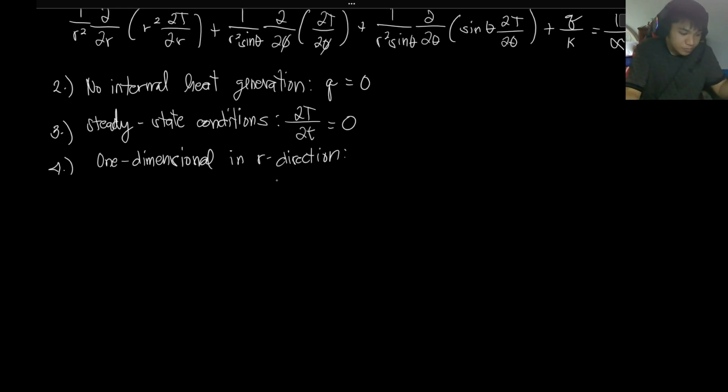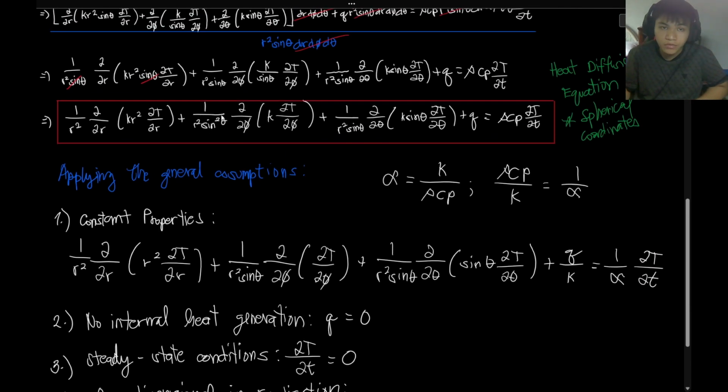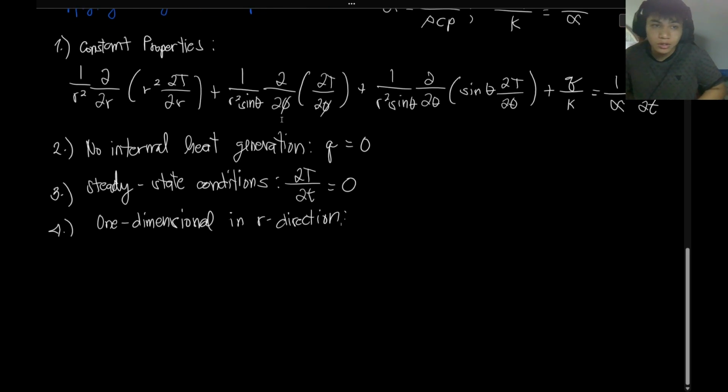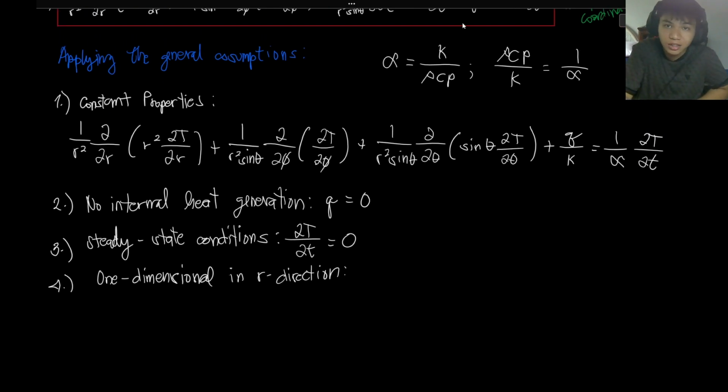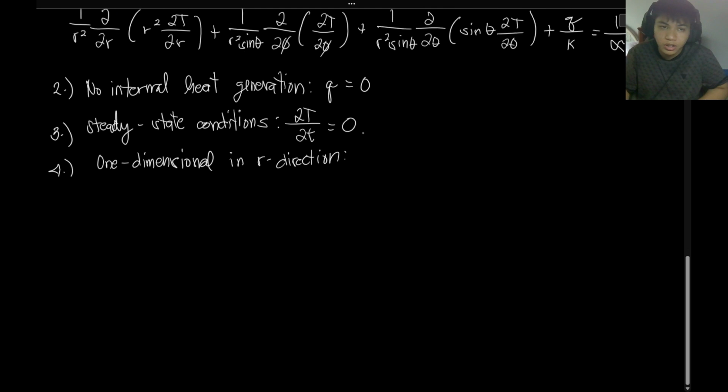So ang gagawin mo lang dito is that you will neglect all the other variables na nagpe-pertain sa ibang direction. So ang consider lang natin is this. So ito lang. If we're talking about sa ating r. So let's just write that down.